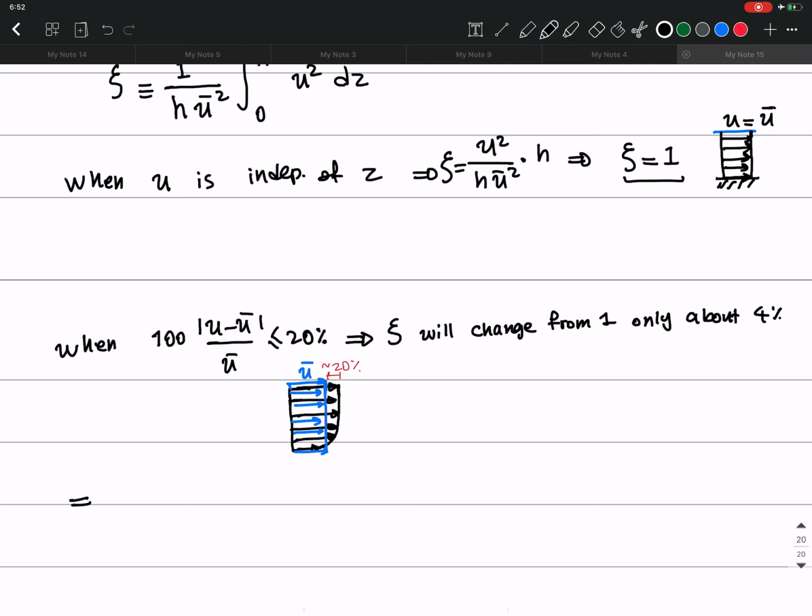So in general, in our applications, we can assume in our analysis that Kc is about 1.